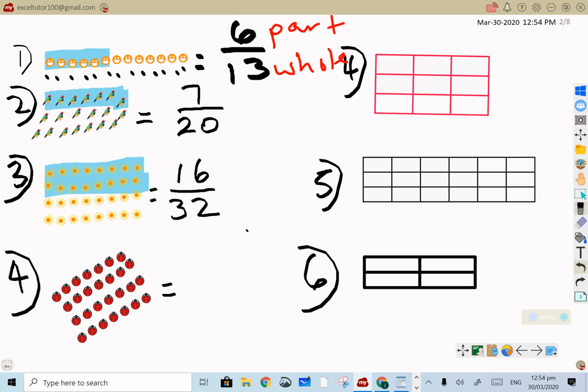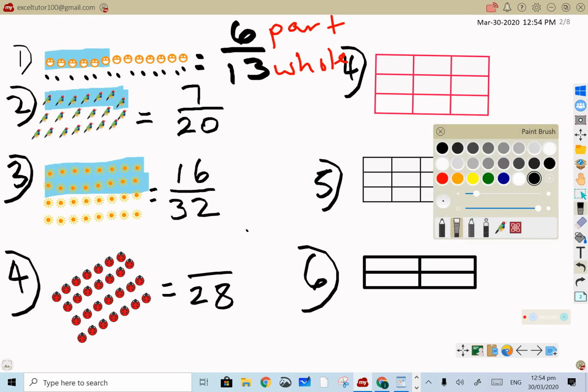So with the ladybugs here, let us try to establish what would be our denominator. So again, we have 1, 2, 3, 4, and then we have going down again 1, 2, 3, 4, and then we have going across 1, 2, 3, 4, 5, 6, 7. So 7 fours are 28. Right?